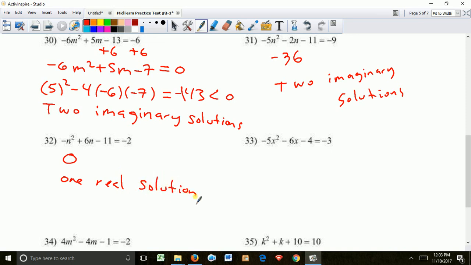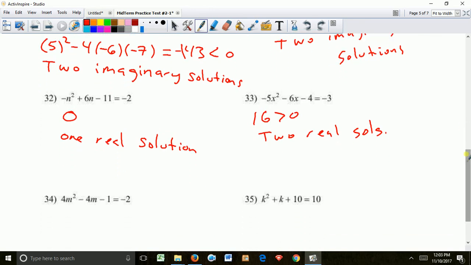For 33, the discriminant is 16. 16 is greater than 0, so there are two real solutions. For 34, the discriminant is 0, so there's only one real solution. And for 35, the discriminant is 1. 1 is greater than 0, so there are two real solutions for that one.